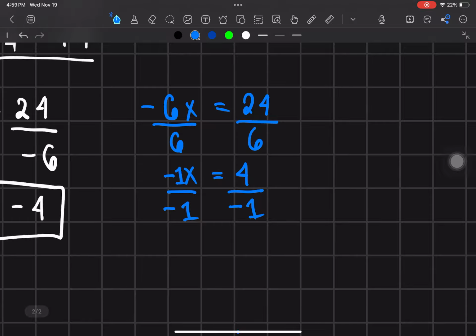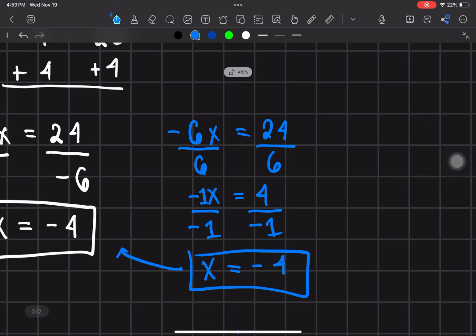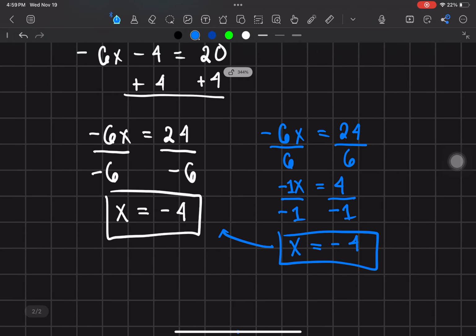Negative 1 divided by itself is equal to 1 times x, that is simply x. 4 divided by negative 1 is negative 4. And we have our final answer. As you can see, both ways yield the same answer. However, if we divide by positive 6, we have that added step of having to multiply or divide both sides by -1 in order to get x.